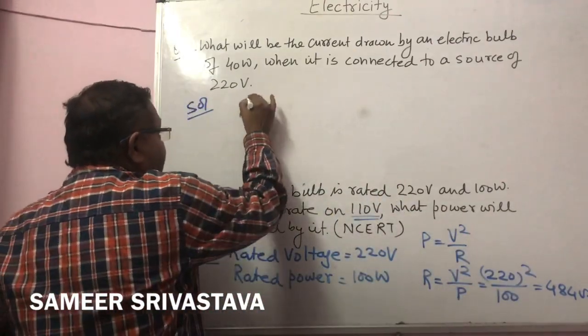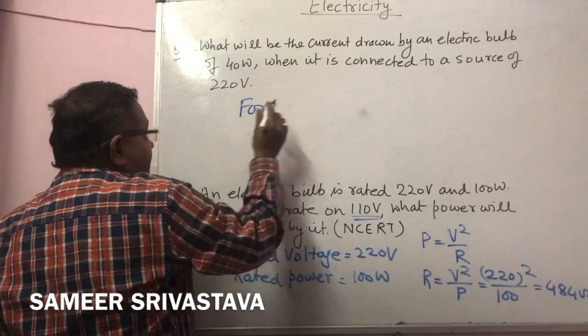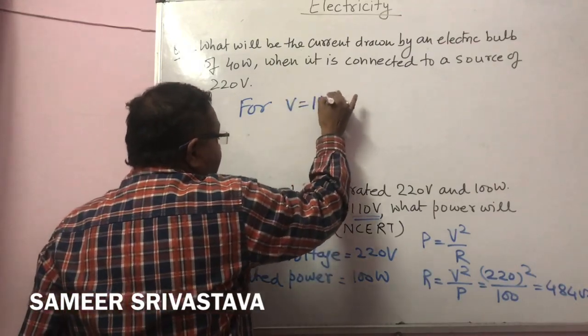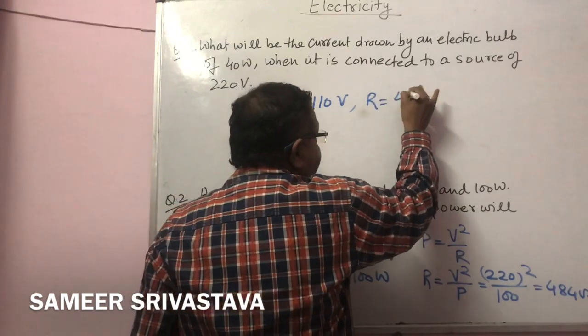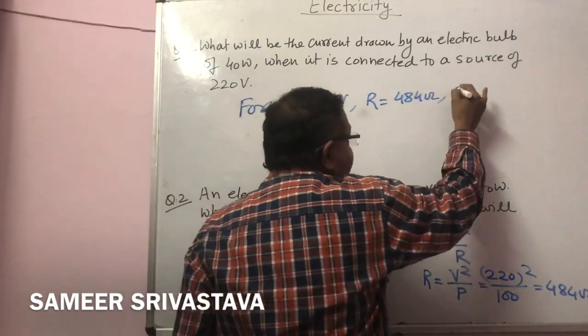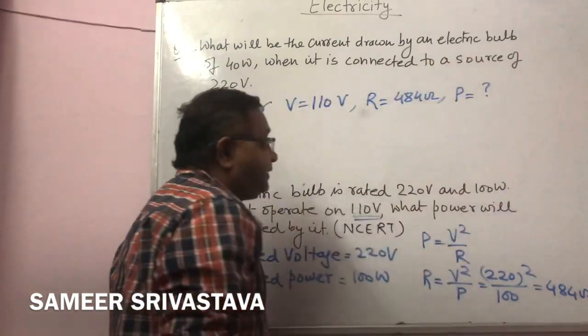Now for voltage 110 volt and resistance 484 ohm, what will be the power we have to find out?